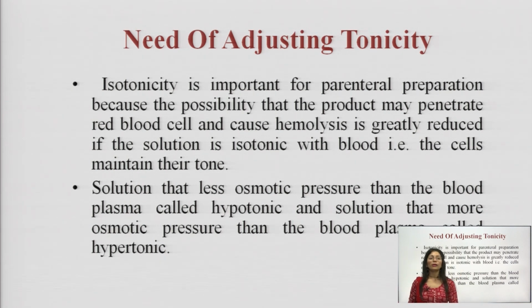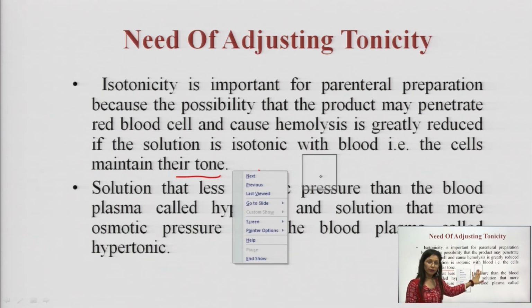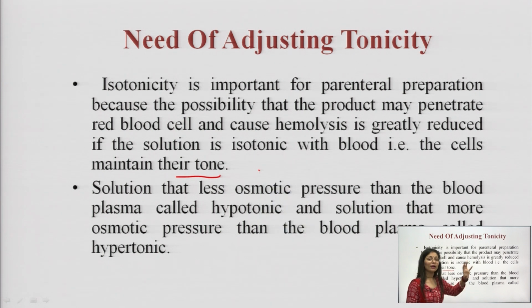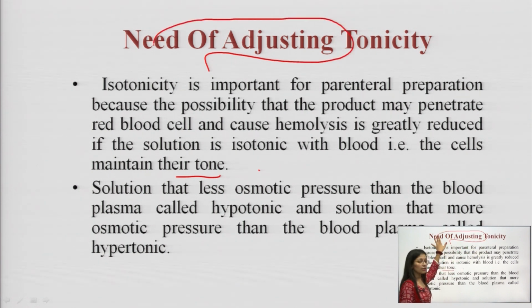Isotonicity is important for parenteral products because the possibility that the product may penetrate RBC and cause hemolysis is greatly reduced if the solution is isotonic with blood and the cells maintain their tone. As I told you, if your parenteral product is not isotonic to your RBC, then the RBC can swell or can shrink. That we don't want. Okay, so that's why it is the need of adjusting the isotonicity.